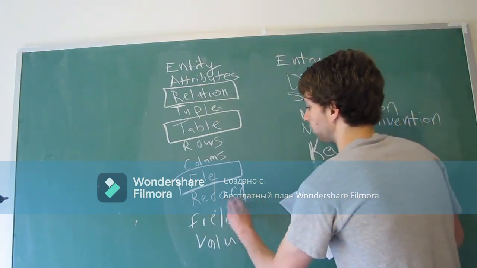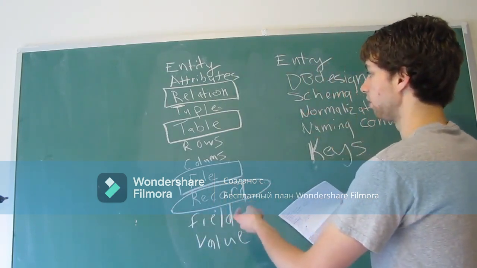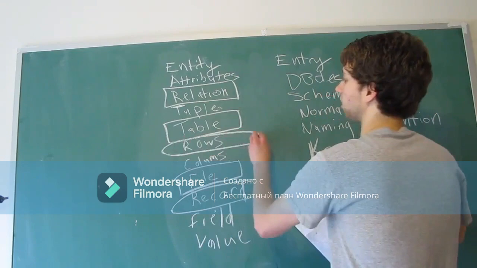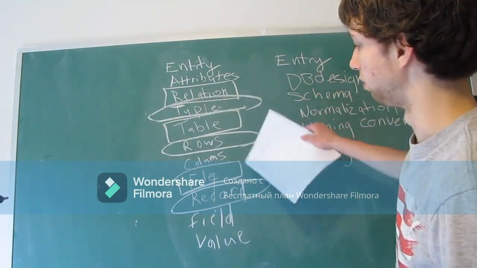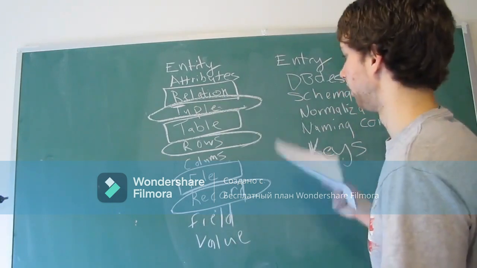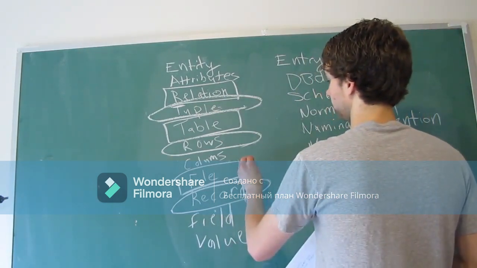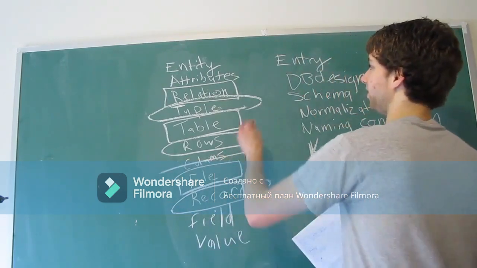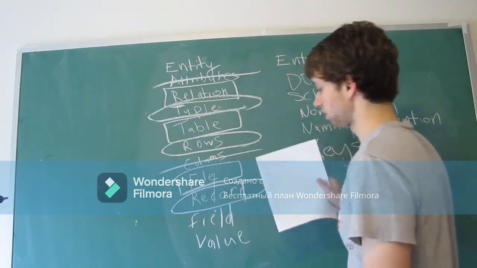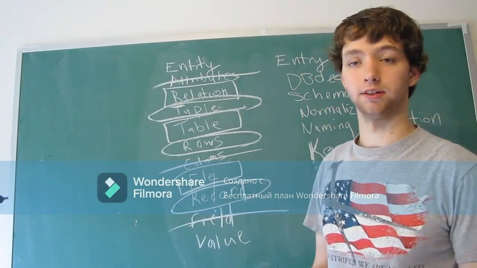A record, I'm going to circle these ones, would be a row, so we have a row, and then we have a tuple. These are all talking about rows within a table. And then, let's cross them out, we have columns, and then we have attributes, and then we have a field. Those are all talking about a column in a table.